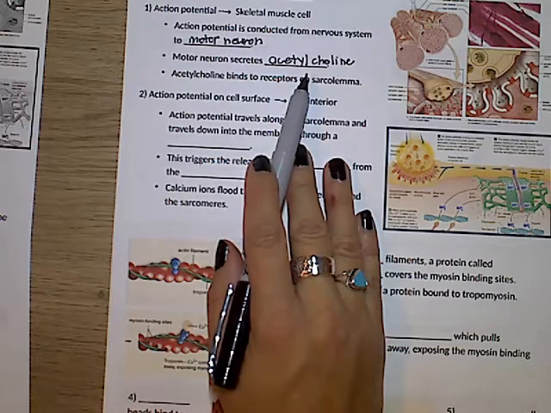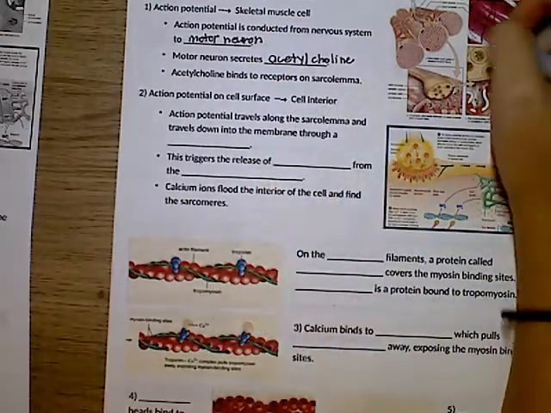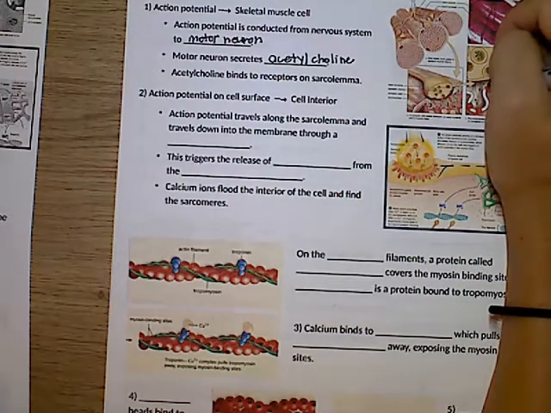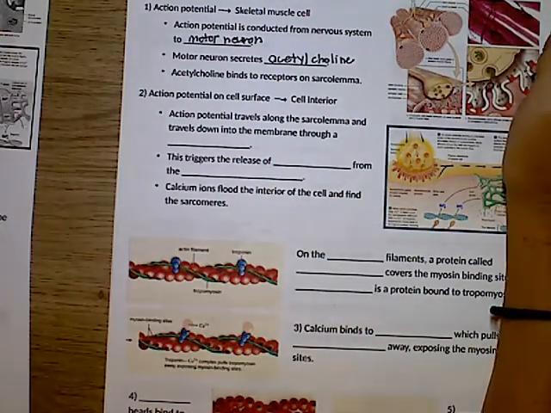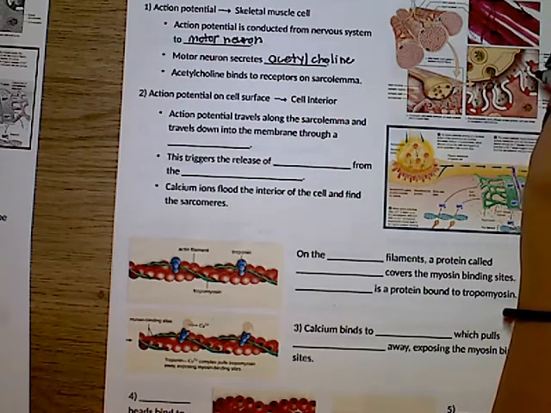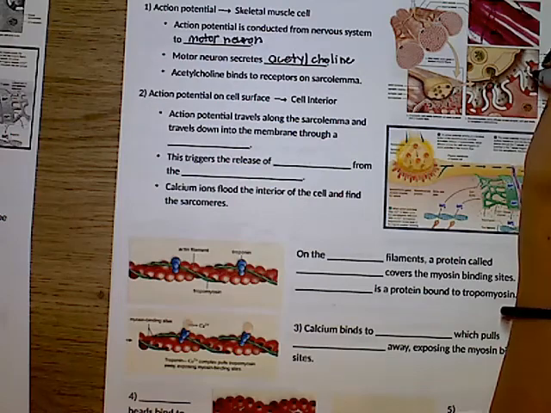And so what that drug does is it competes with acetylcholine for these binding sites. So it will block the binding sites, and if that were the case, what's going to happen? Your muscles aren't going to contract, which is why you become paralyzed. But it's not doing anything to your nerve cells, so you can still feel everything.